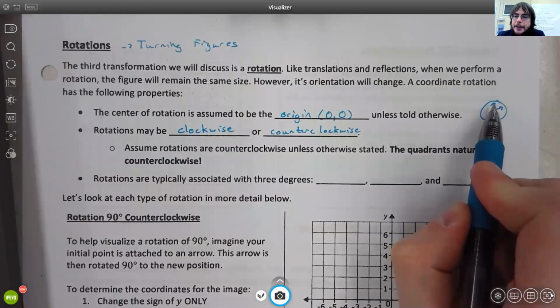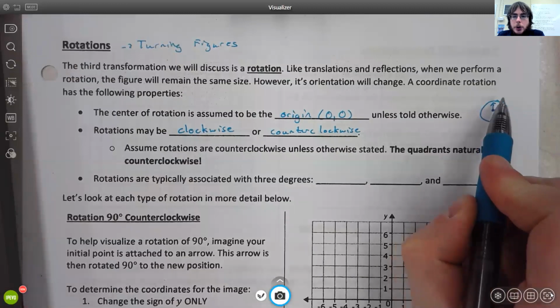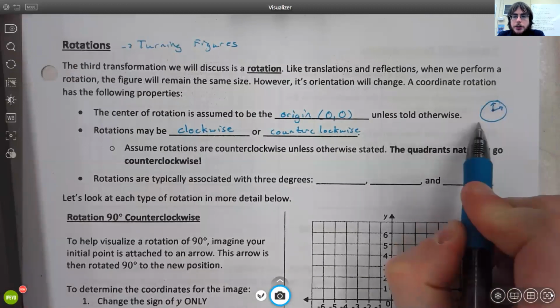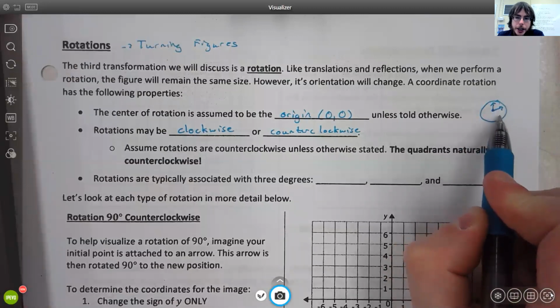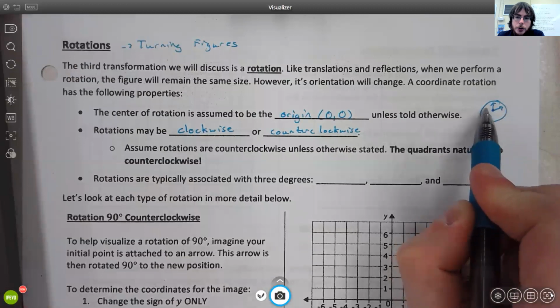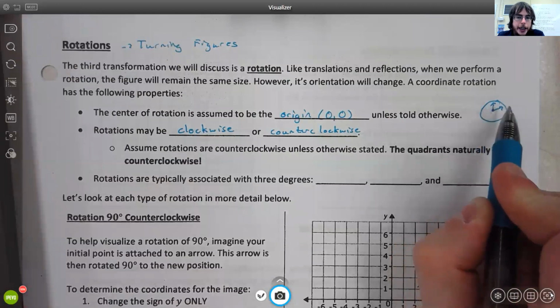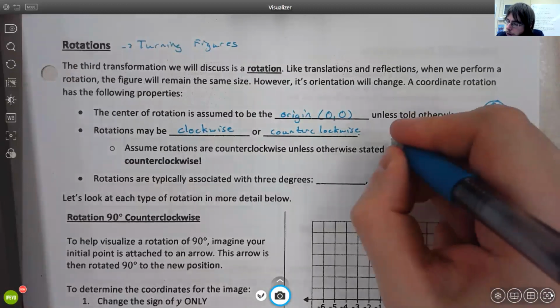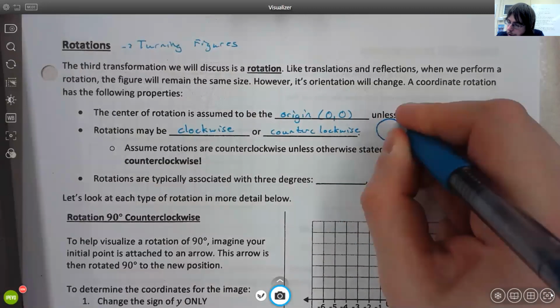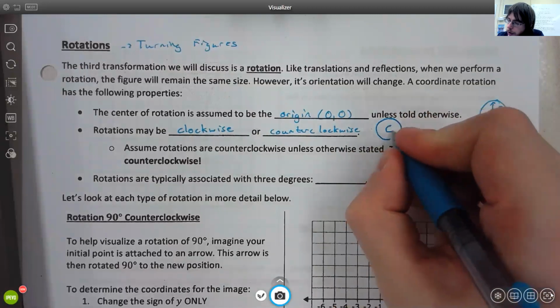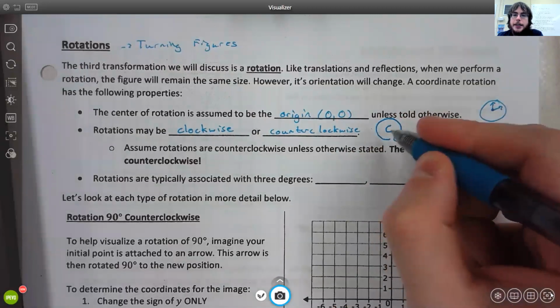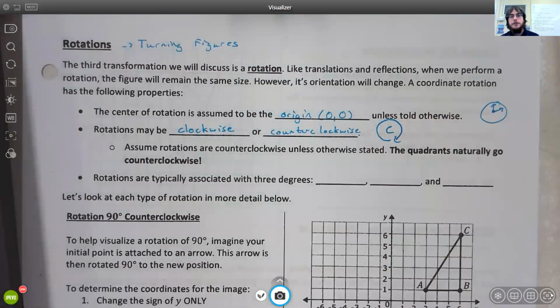And the hands, which way do the hands go? Do they go right or do they go left? Well, if you've ever watched a clock, you can see that it ticks slowly to the right, and it goes in a clockwise fashion. So clockwise is considered to be going to the right. Okay, so I'm going to put a little arrow there and a C for clockwise.